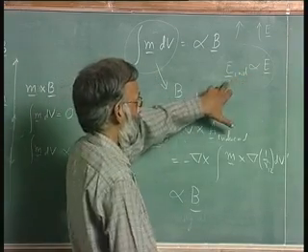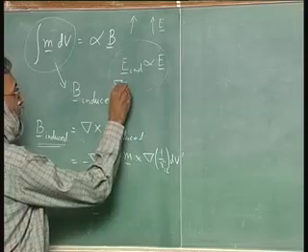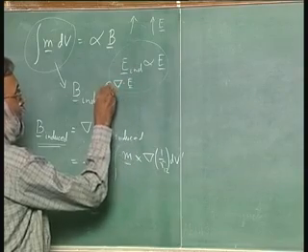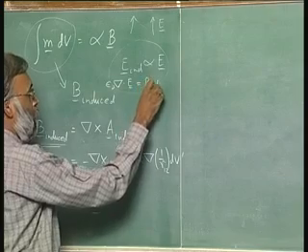To handle this problem, what did we do? We said divergence of E, and I took the epsilon to the left hand side, is equal to rho free plus rho bound.